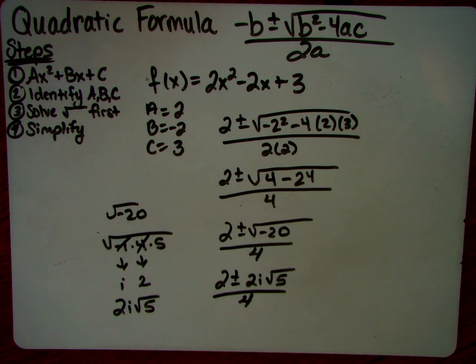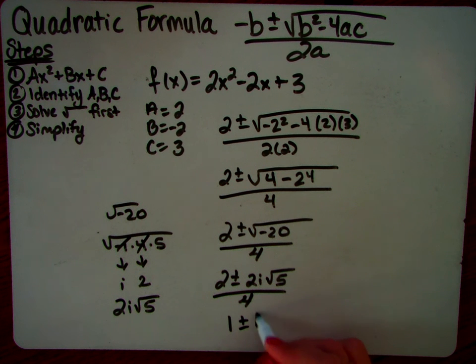Okay, so now that our radical is solved, we're going to leave it alone. When we simplify, we do not simplify the radical. But every other number outside the radical, we can simplify. I see a 2 and a 4. So what I can do is divide all of those by 2. It's going to give me 1 plus or minus 1i.